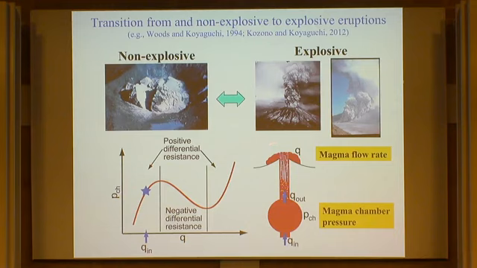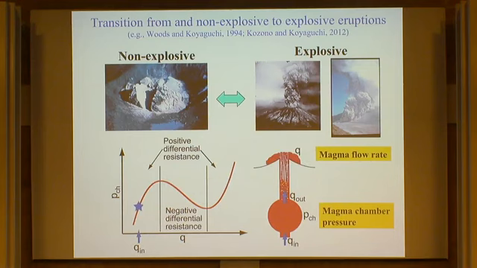And then, as I said, the conduit flow model gives a relationship between chamber pressure and mass flow rate like this. But this relationship between chamber pressure and mass flow rate is very complex because of multi-phase flow effects, and sometimes has this kind of nonlinear relationship.